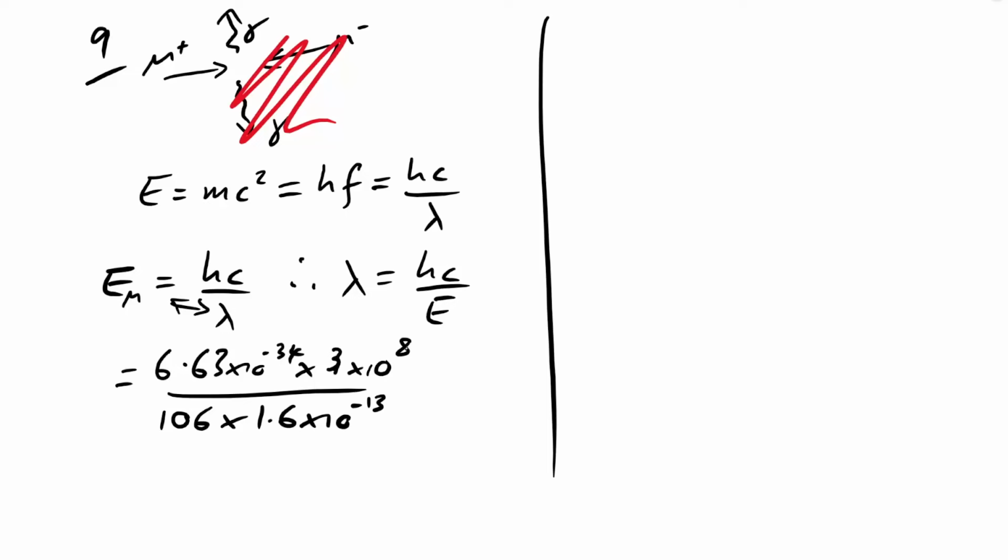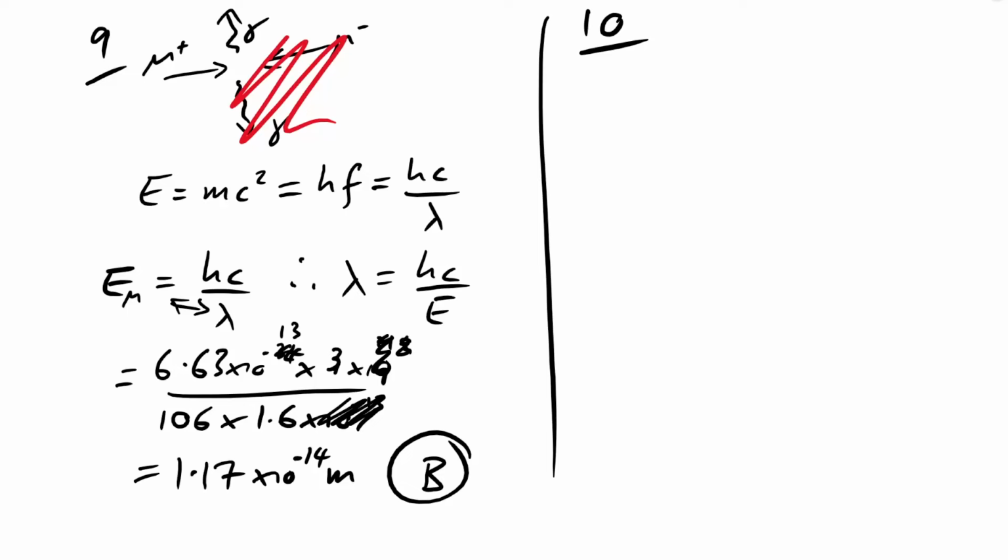Probably, so let's go with minus 13, add that onto the top to 8, so we end up with 21, and so then minus 34 plus 21 gives us minus 13, and that gives us 1.17 times 10 to the minus 14 meters, and so it looks like the answer is going to be B.